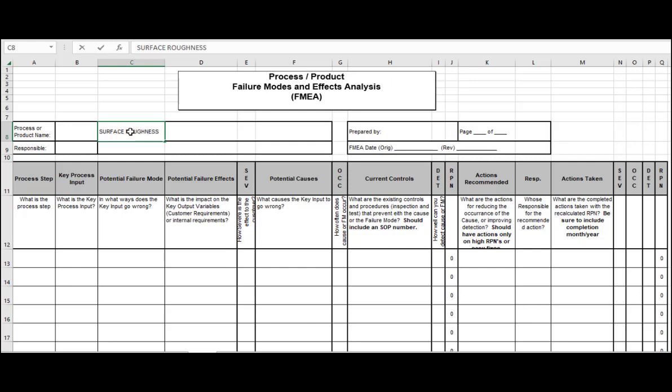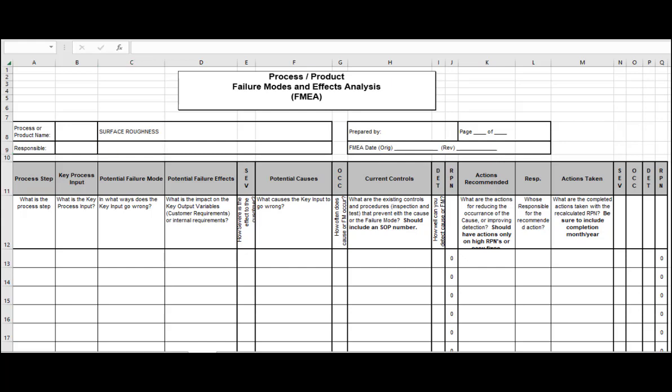You need to fill in the responsible person or PIC, then who this FMEA is prepared by, then the date, the original date and revision date. So this is the template of FMEA, right?